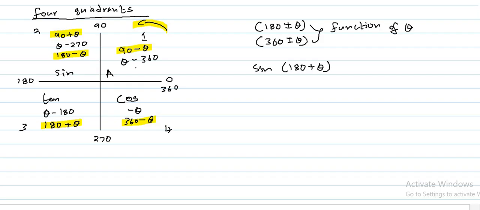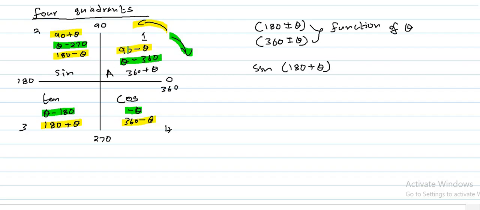We also have 360 plus theta. This is when we went anti-clockwise, my apology. When we go clockwise is this way. That's where we start to have the negative angles. This is clockwise. We have negative theta, theta minus 180, theta minus 270, and theta minus 360.